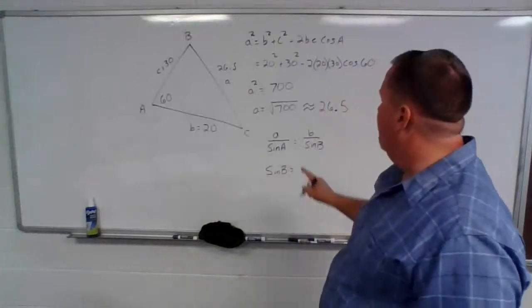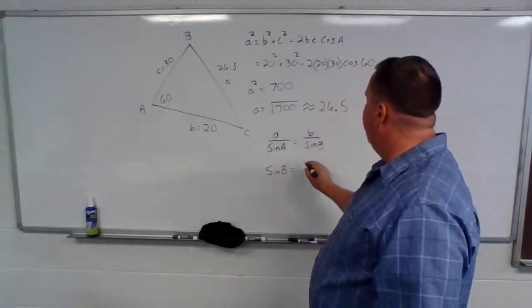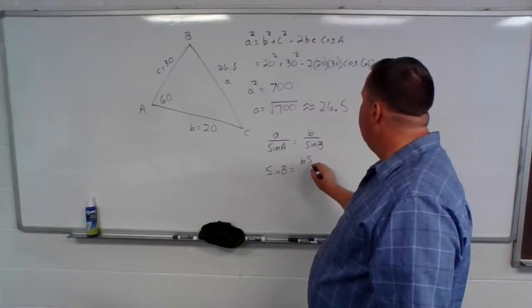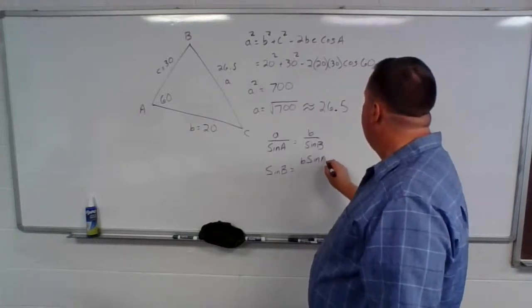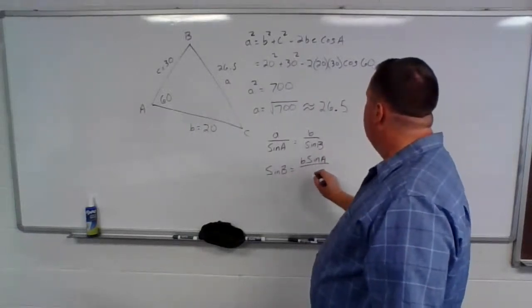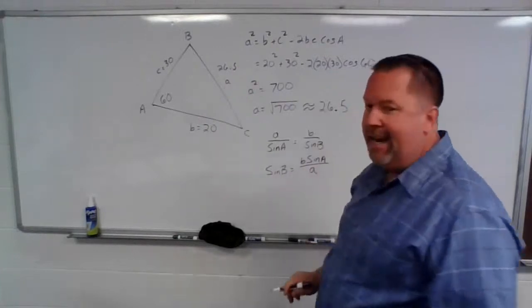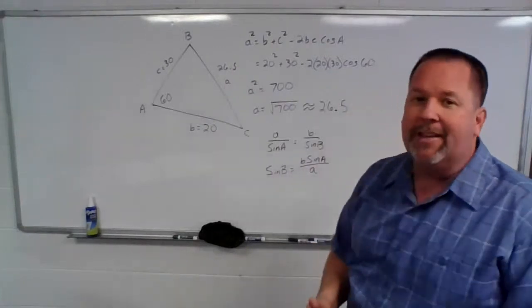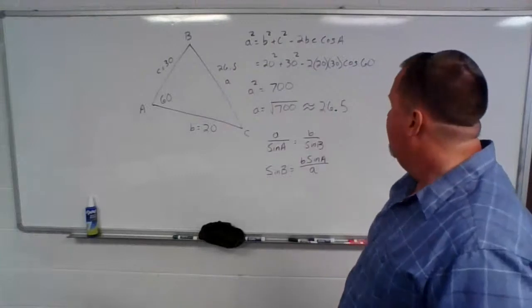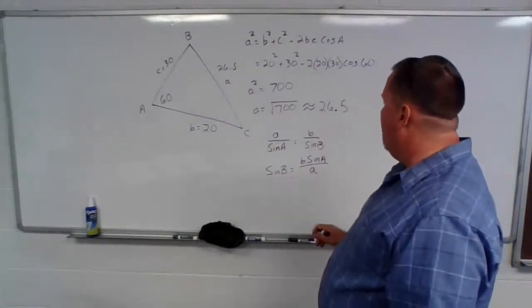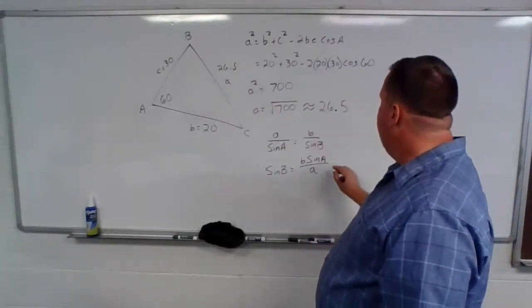Sine B equals, this goes upstairs over here. So I have B sine A over side A. If you didn't get that, please take the time and do the algebra. You'll find out that that's how I would solve for sine B.